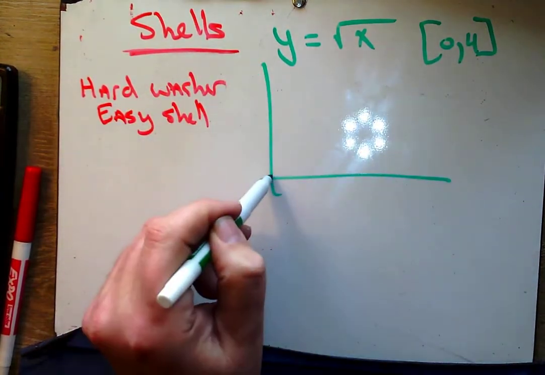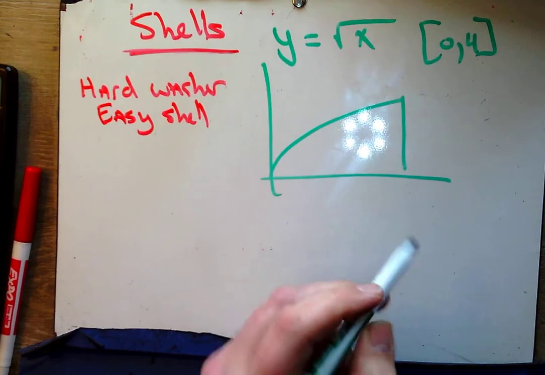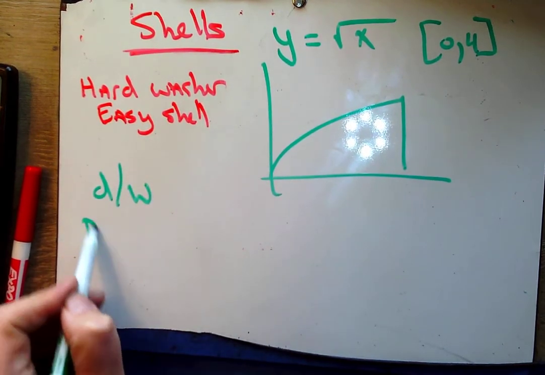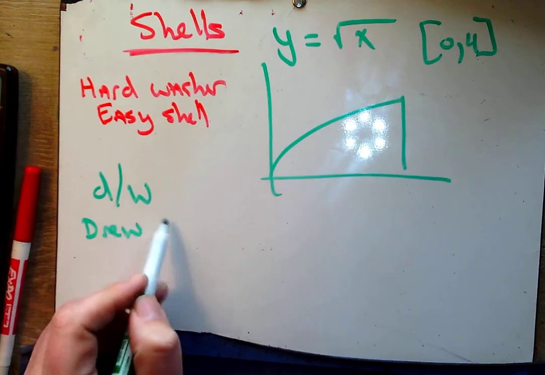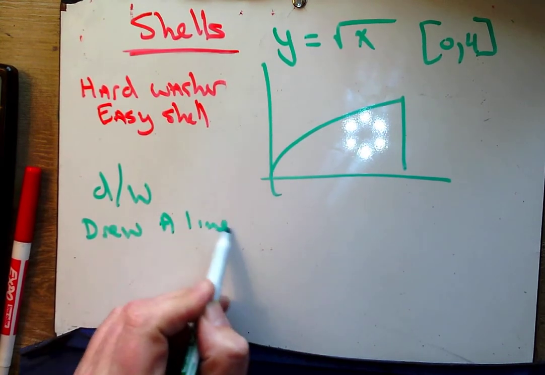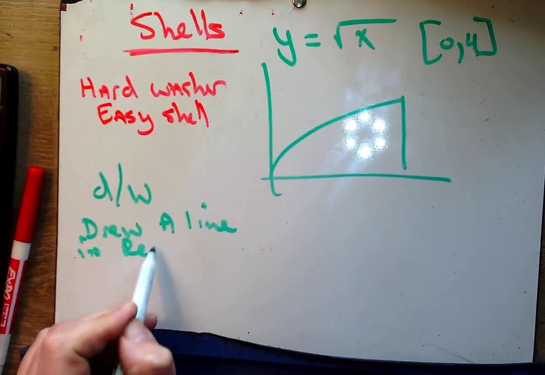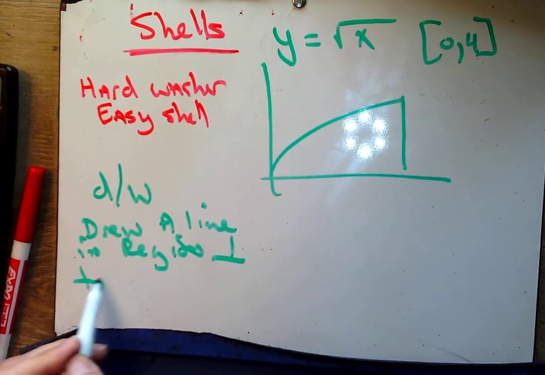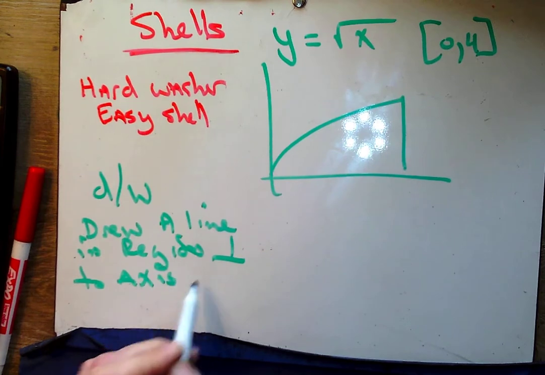And here's our region. Now, remember with disks and washers, we started by drawing a line in the region to be rotated that was perpendicular to the axis of rotation.